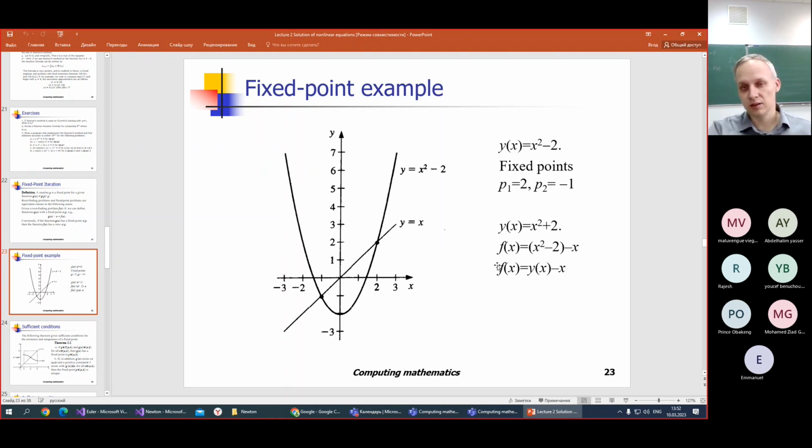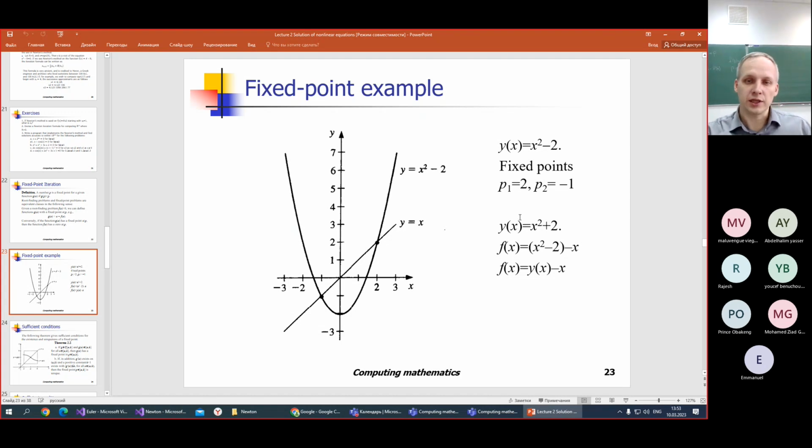In this case, I can say that this function has two fixed points, p1 equals 2 and p2 equals minus 1. These are two fixed points, the points of intersection between the line and the graph of a function.